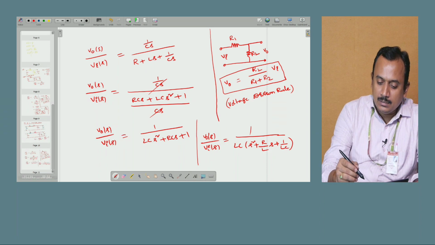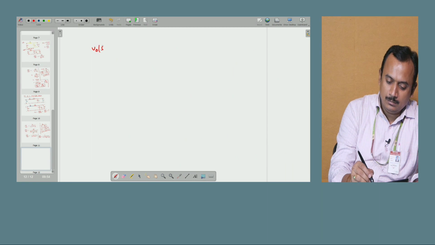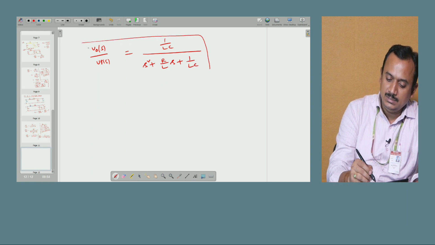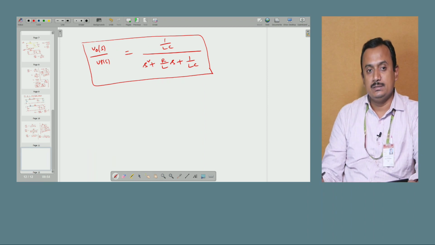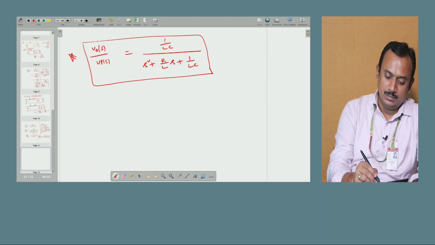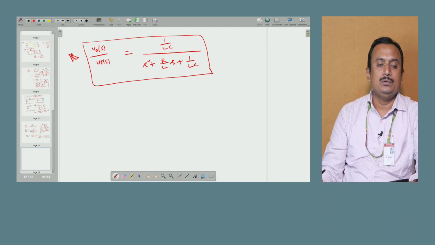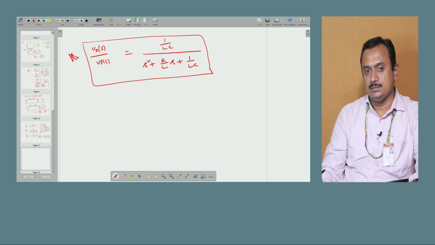Now if I rearrange this, V naught of S by Vi of S is equal to 1 by LC divided by S square plus R by L into S plus 1 by LC. Now this is the transfer function of a second order system. This is very important. So this is how we are going to find the transfer function for different types of electrical circuits.